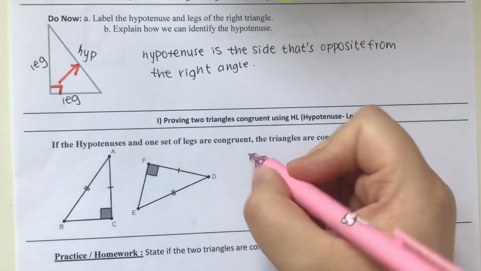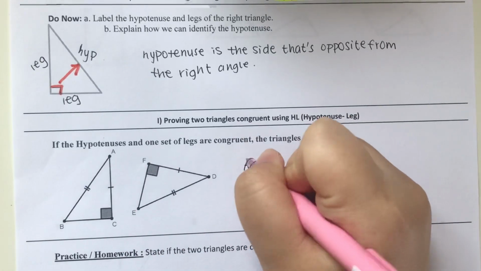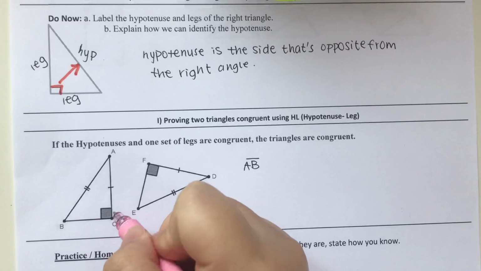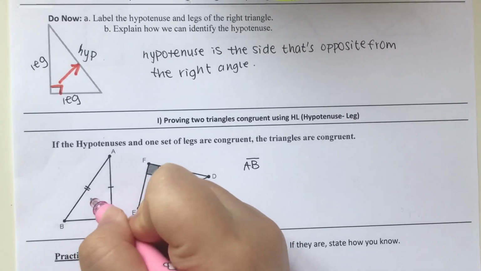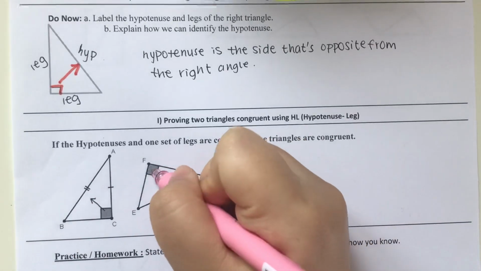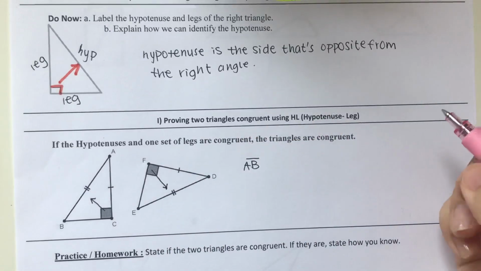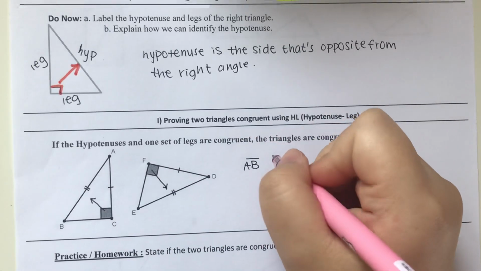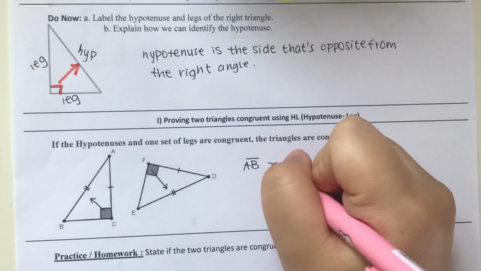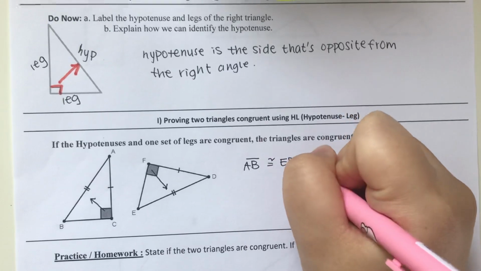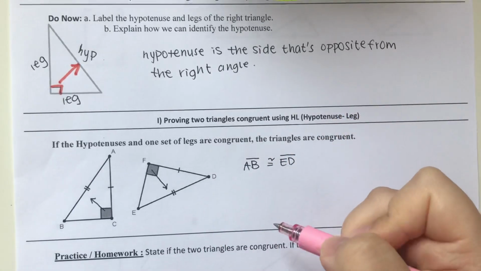The hypotenuse, which is line segment AB over here, AB is the hypotenuse because it's opposite from angle C, is congruent to line segment DE because they are the hypotenuses.